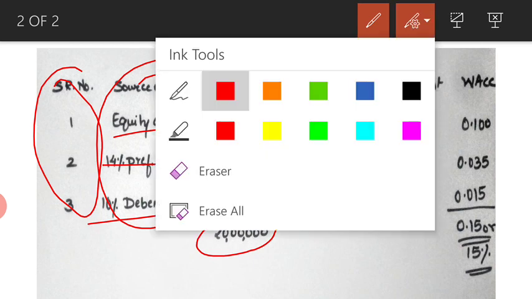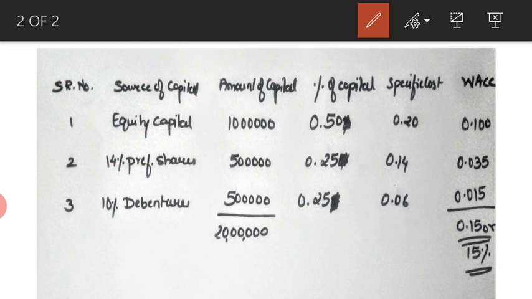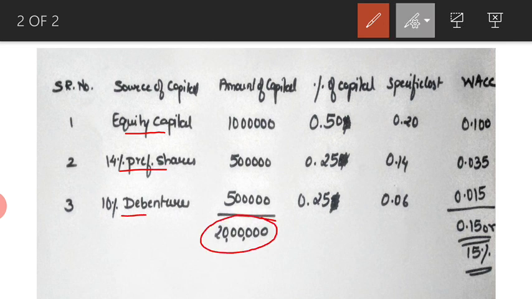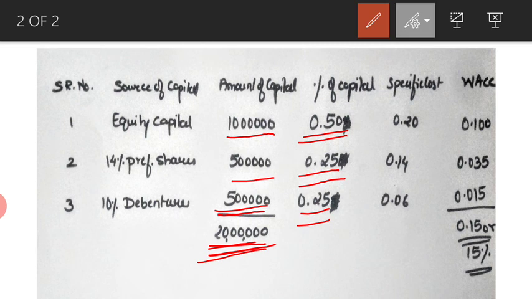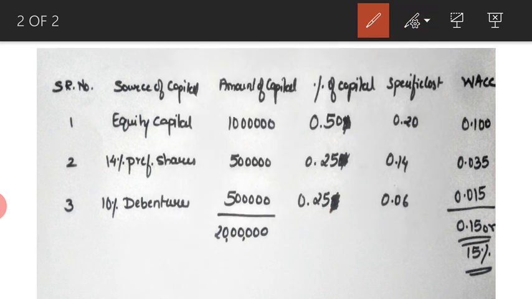Now what is this proportion of capital? Please pay attention. It is the proportion of specific capital in the total capital. It is nothing but 10 lakh divided by 20 lakhs, which is 0.5, 5 lakh divided by 20 lakhs, which is 0.25, and 5 lakhs divided by 20 lakhs, which is 0.25. So we calculate the proportion of each source in the total capital.